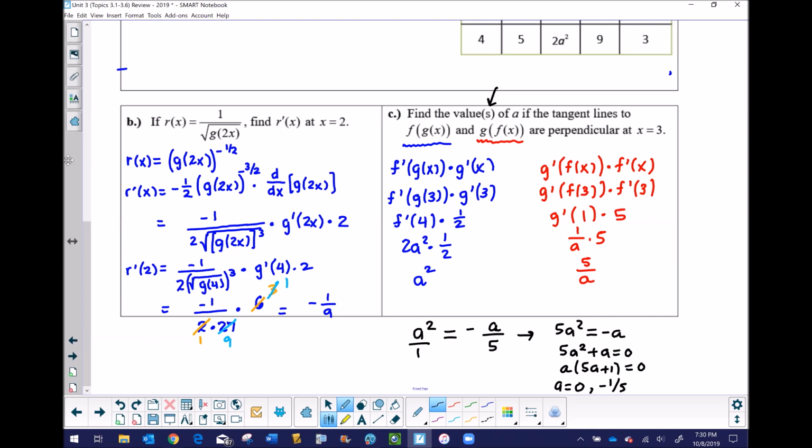Another way to do this opposite reciprocal thing, and a lot of this depends on the teachers that you had, is to think about perpendicular lines: if you multiply their slopes, you get -1. That's what it means to be an opposite reciprocal, you guys, that your product is -1.